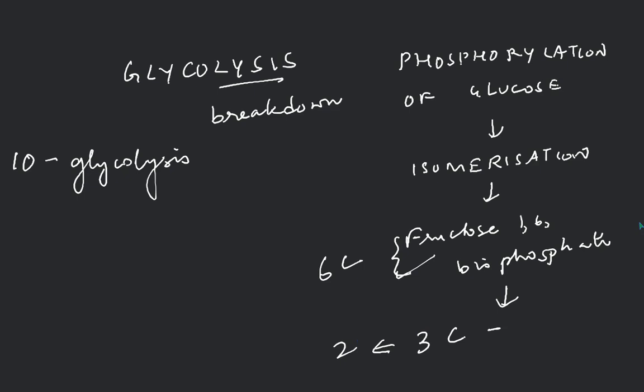Is it clear till now? Yes. Okay, so we will write that the 6-carbon compound is split into two 3-carbon compounds as the first step. Then what is given? Let's see our options.